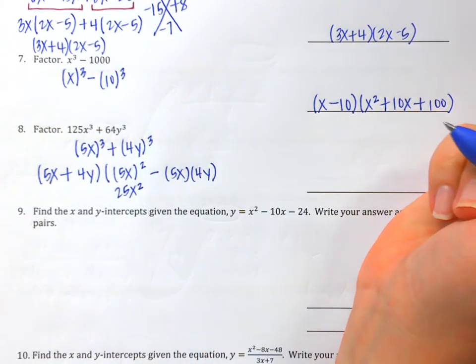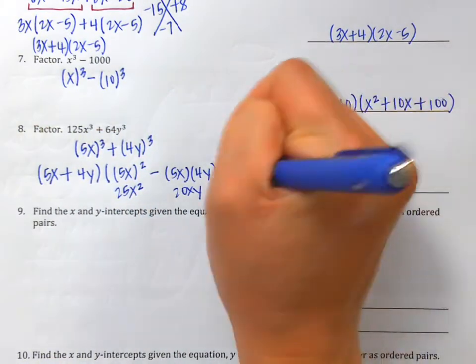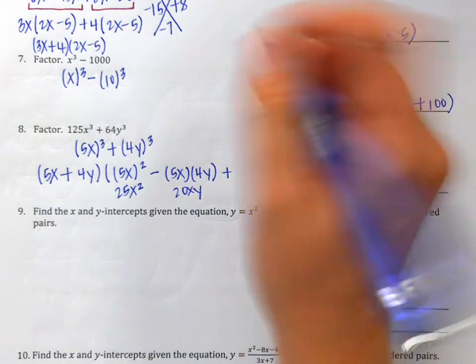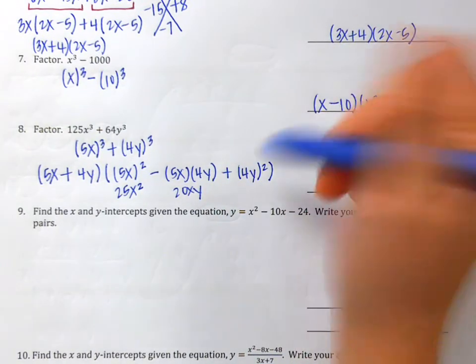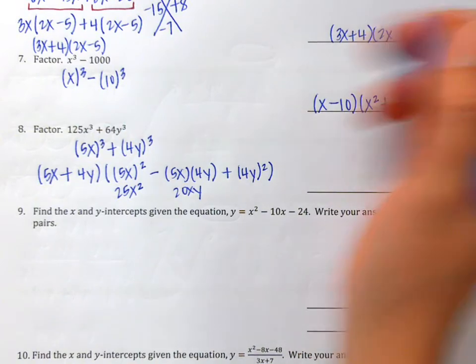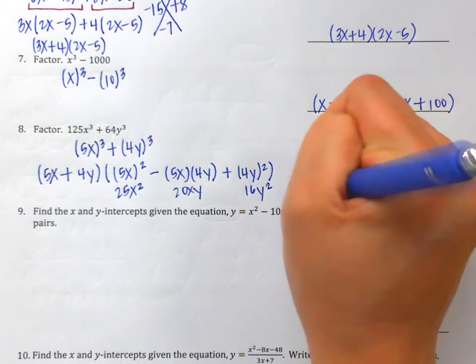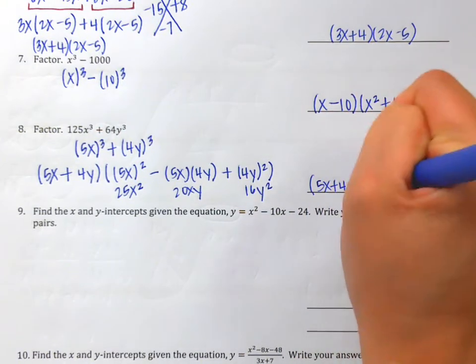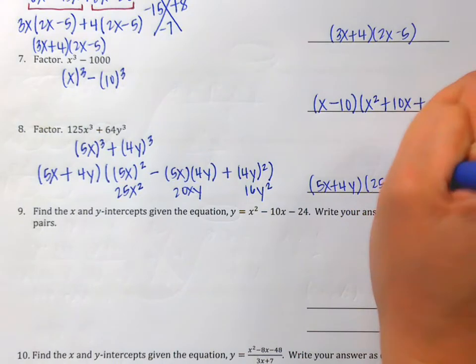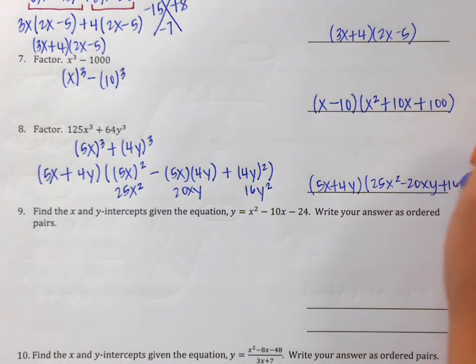So 5x times 4y is 20xy. And then always positive is going to be 4y, the last term, squared. And again, that's squaring the 4, squaring the y, and so that's 16y squared. So my final answer would be 5x plus 4y times 25x squared minus 20xy plus 16y squared.